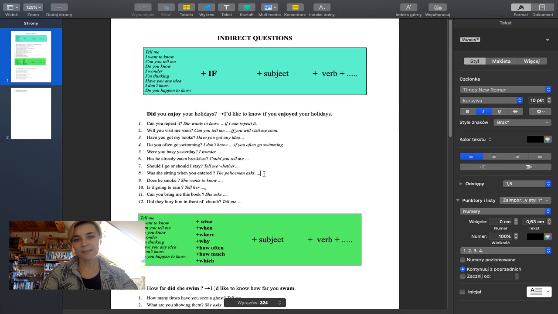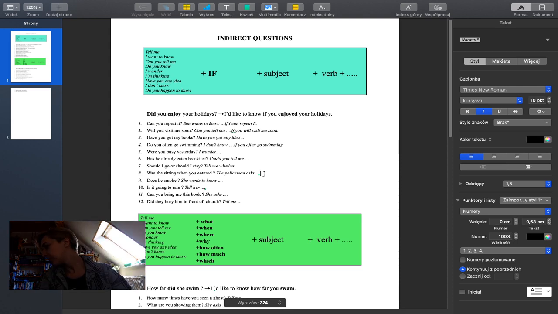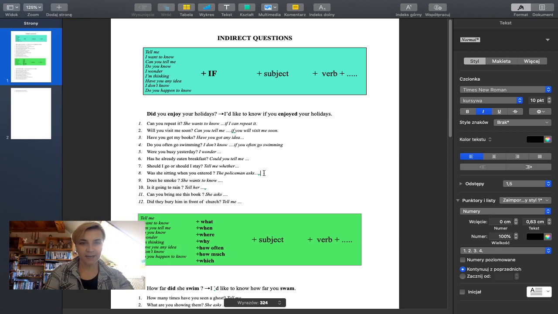So now look at sentence number 8. If she was sitting, yes, Mikołaj, I can see that you are very active, which makes me happy.